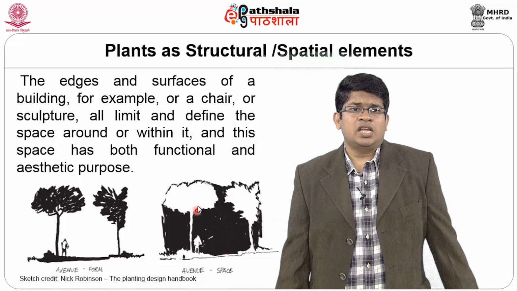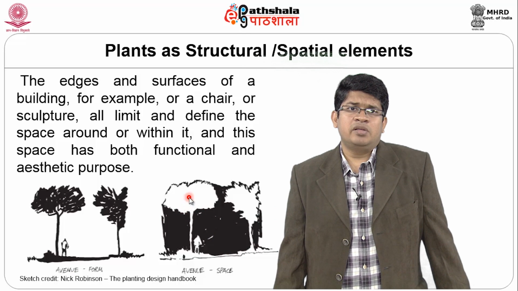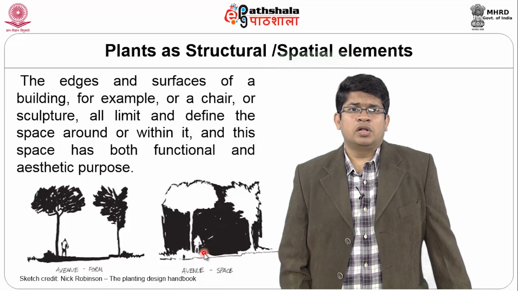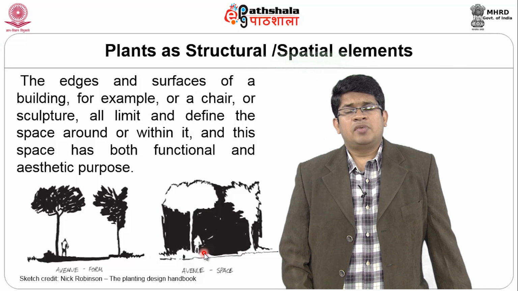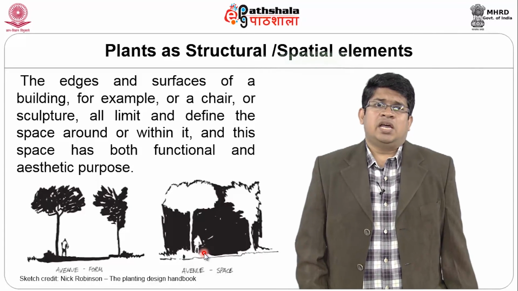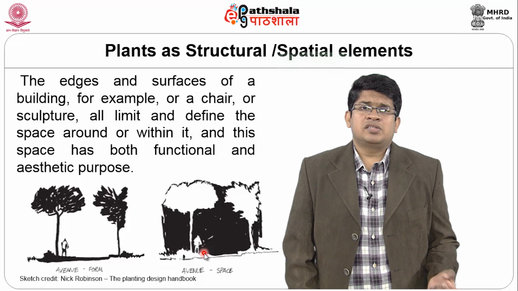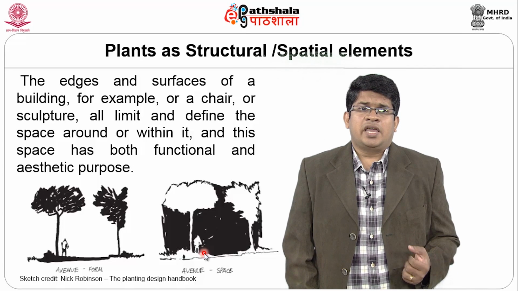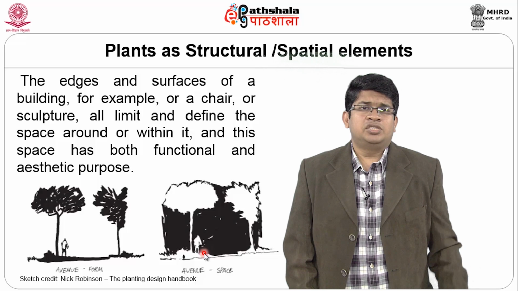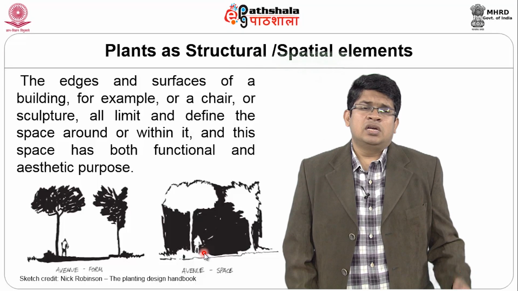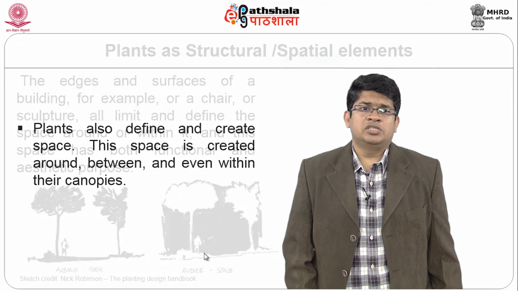So we could see that plants are not only structural elements themselves, with their own form, but by proper use or arrangement of these plants, we could also use them effectively as spatial elements in the landscape, making a space that has both the functional and the aesthetical purposes well achieved in the design intent that we look at in a particular project.